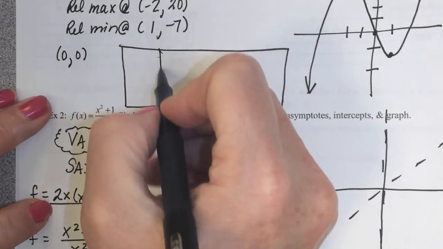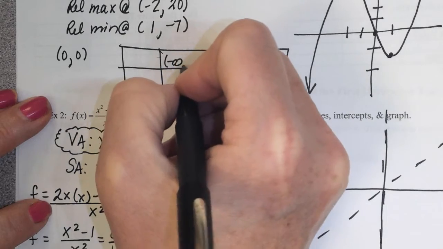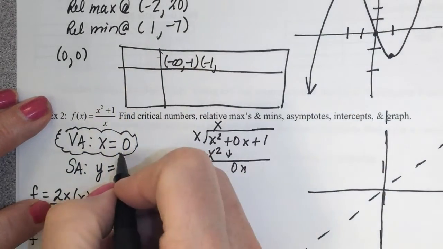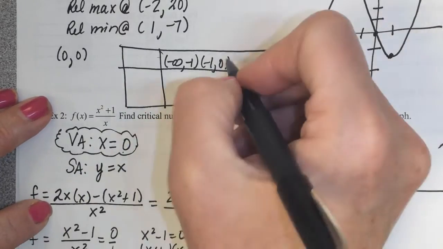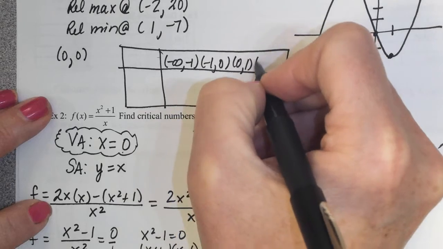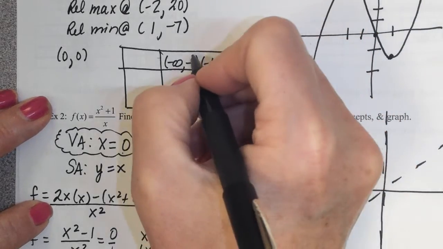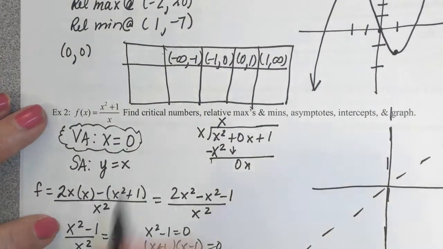So I am going to have to make these intervals go from -infinity to -1, from -1 to my vertical asymptote of 0, from 0 to 1, and from 1 to infinity. See, my vertical asymptote has to go in there as well as my critical numbers.